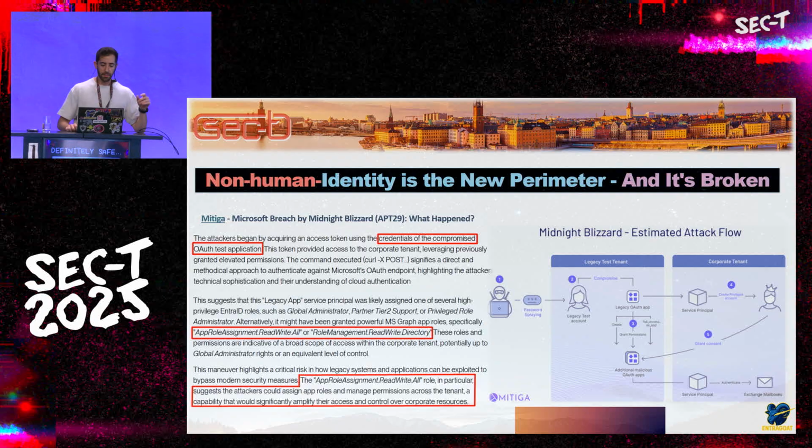They password spray. And by the way, take a look at the words that they're using, because many lawyers went over this wording. So whenever you see legacy test user account, keep that in mind. OK? So this group, APT29, they password spray on a legacy test account.